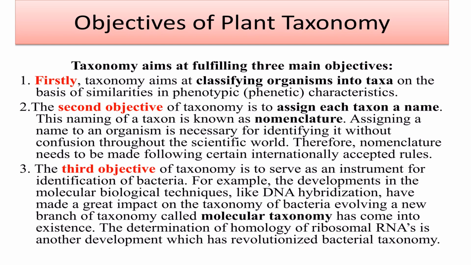So in that, so many characters. For example, if you take the leaf, it is variously shaped in different plants. Each and every plant is having its own unique shape as well as the venation, everything. So like that, each and every part.